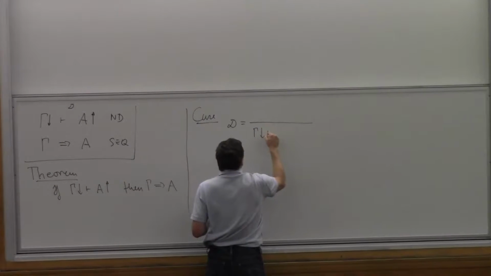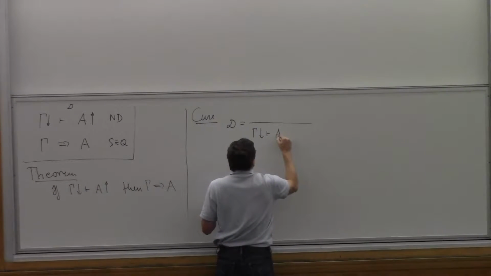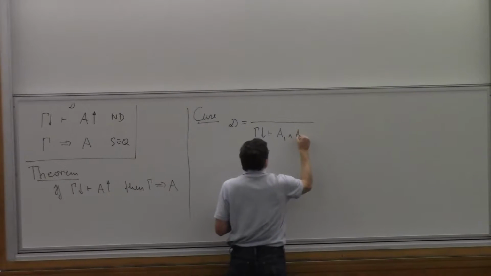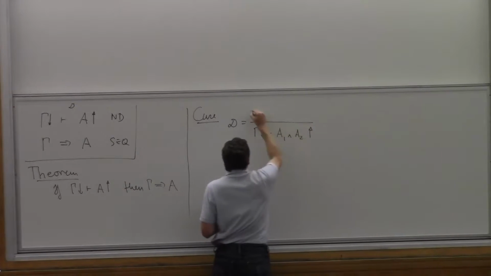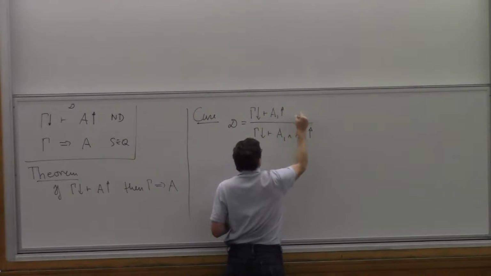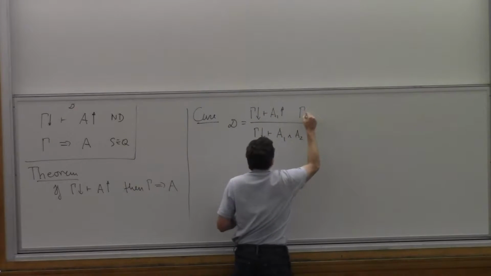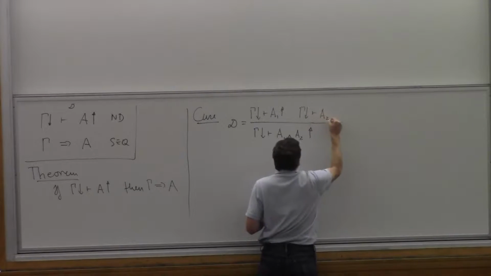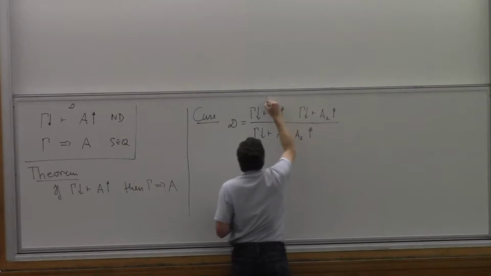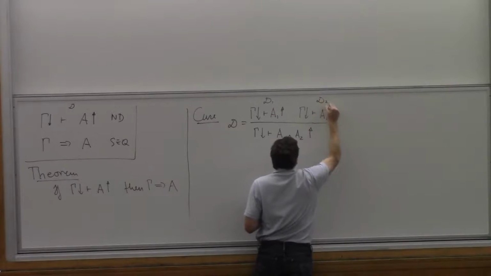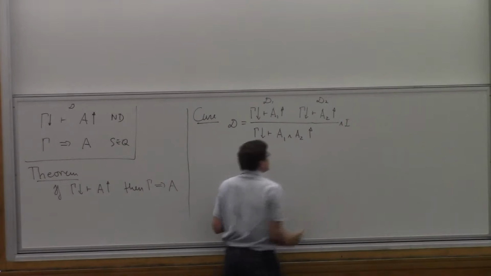We have gamma down proves A1 and A2, and we have a verification of that, because in gamma down we have a verification of A1, and in gamma down we have a verification of A2. Let's call this derivation here D1 and this derivation D2, and this was done by and-introduction.